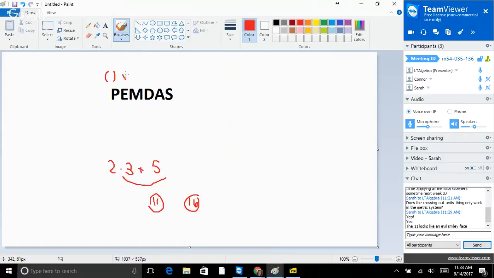If we have any exponents, we do those next. Then we get to the M and the D, which stand for multiplication and division, and those can be done together as a group. And last up, our friends, addition and subtraction.